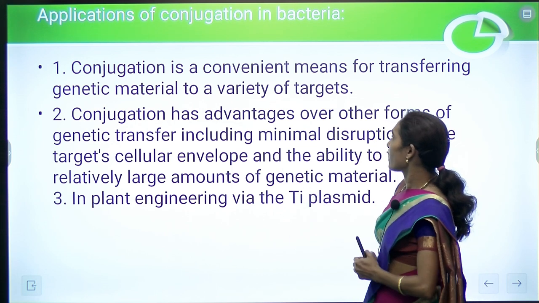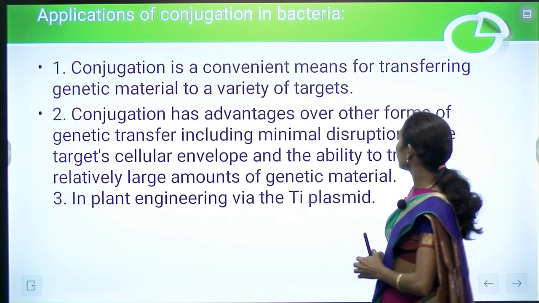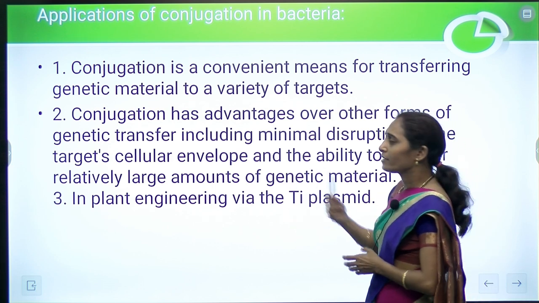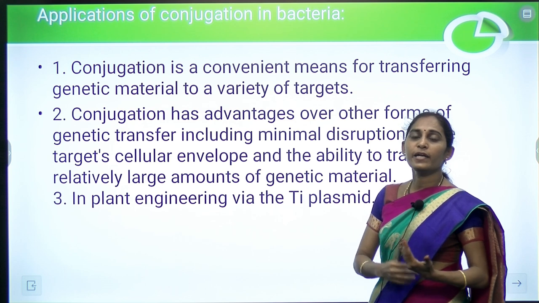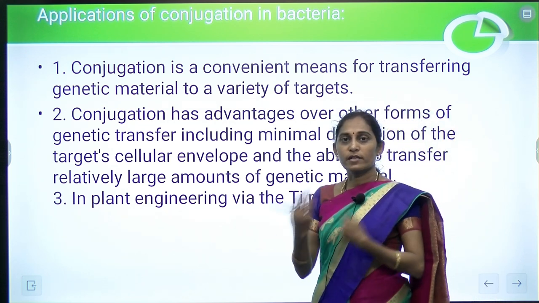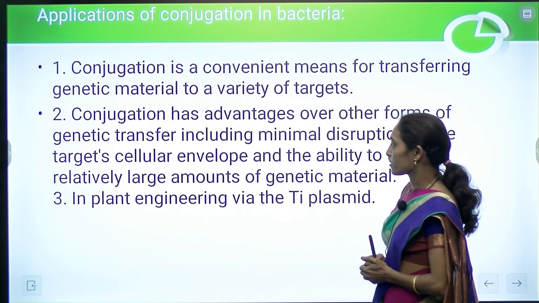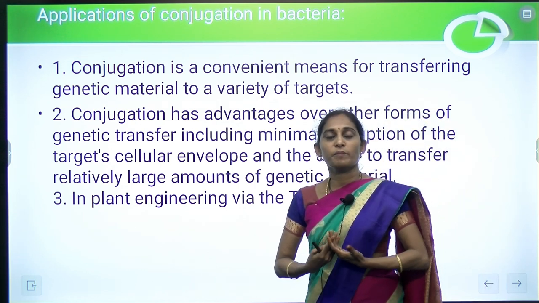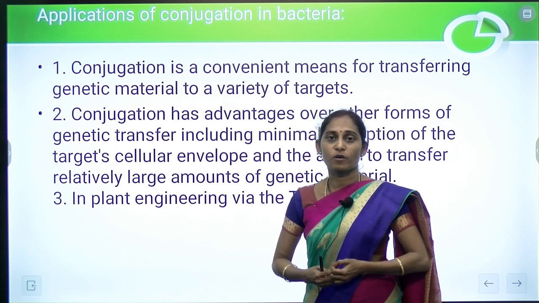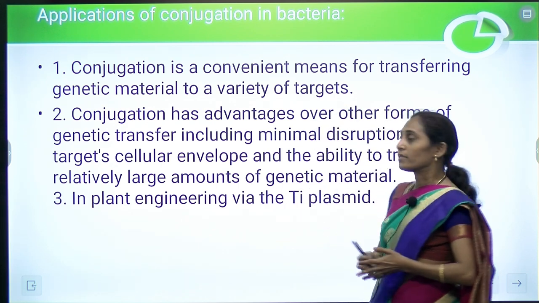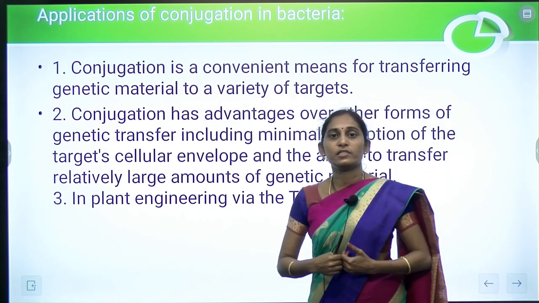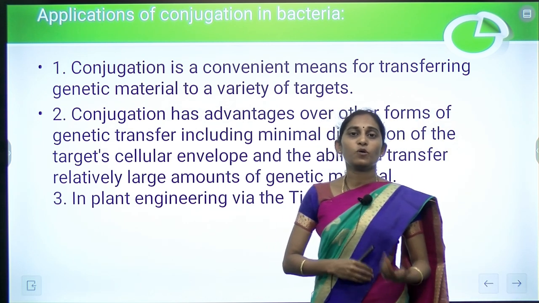Conjugation has advantages over other forms of genetic transfer, and relatively large amounts of DNA can be transferred from one cell to another. It can also be used in genetic engineering, as we know there is the Ti plasmid. Via this plasmid we can transfer genes from one organism to a desired one.